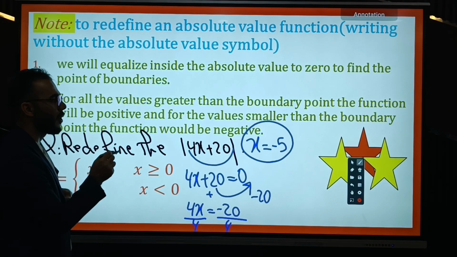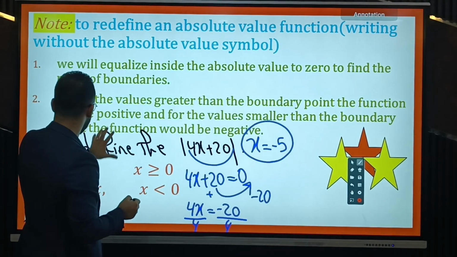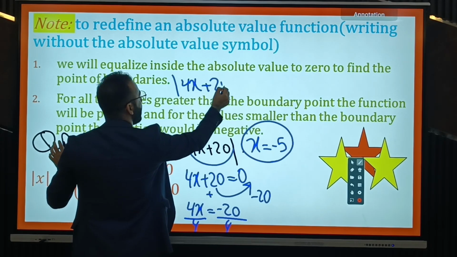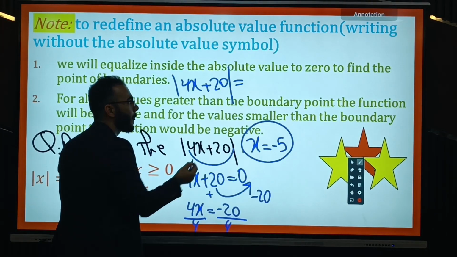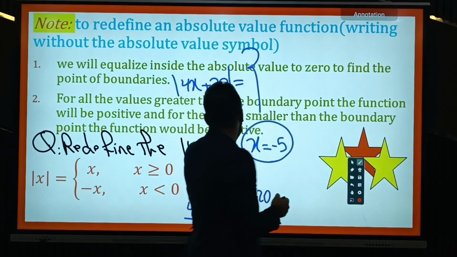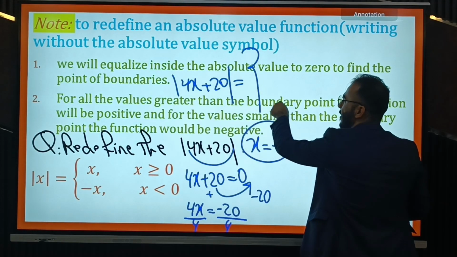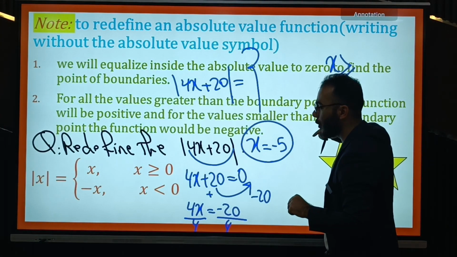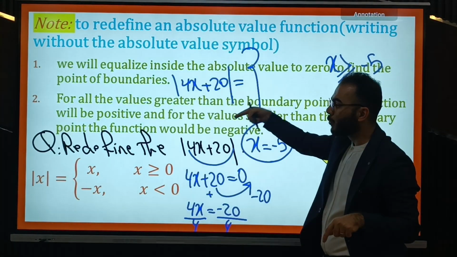So based on that point, we are going to redefine our function. How? You will come and say that our function, which is absolute value of 4x plus 20, equals, that notation, I hope that you can learn it, in the second step, for all the values greater than or equal to, okay, I forgot to write equal to, the boundary point, which is negative 5, the function would be positive.